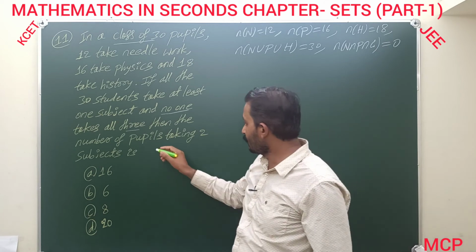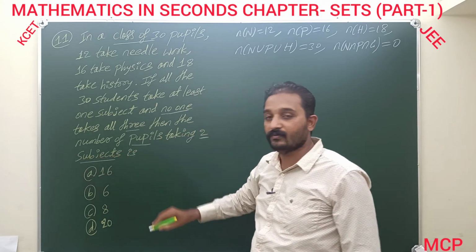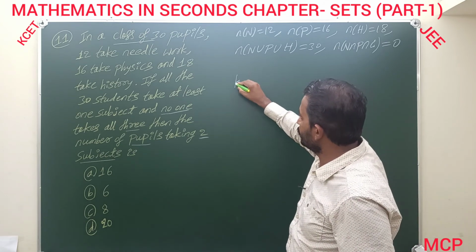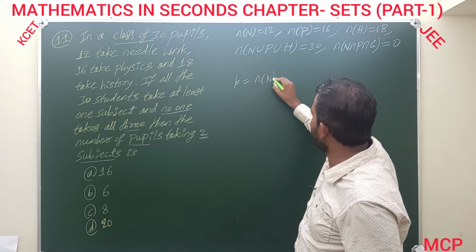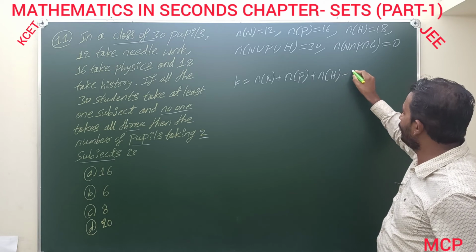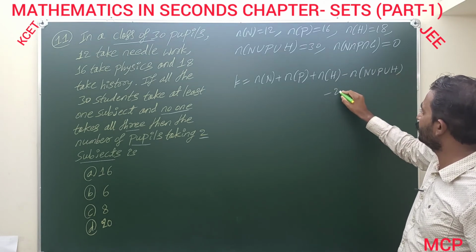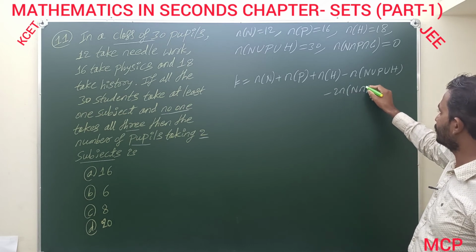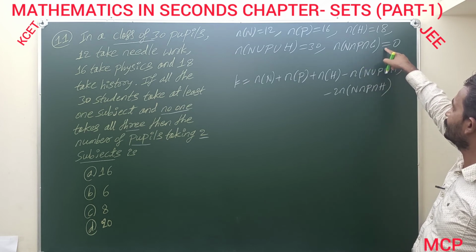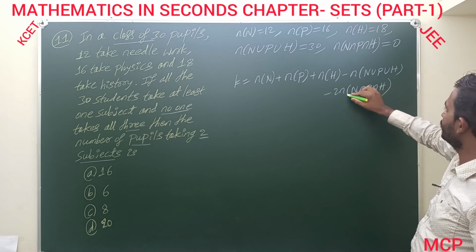Then we have to find the number of pupils taking 2 subjects. So that is called K, using the formula N of N plus N of P plus N of H minus N of N union P union H minus 2 into N of N intersection P intersection H. Here N intersection P intersection H is 0.